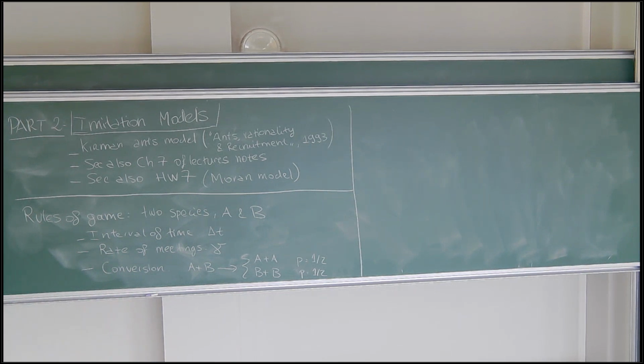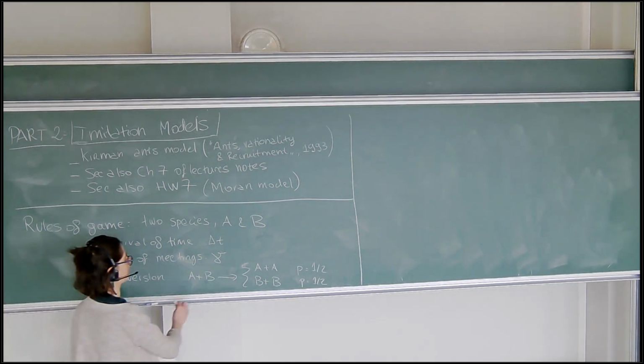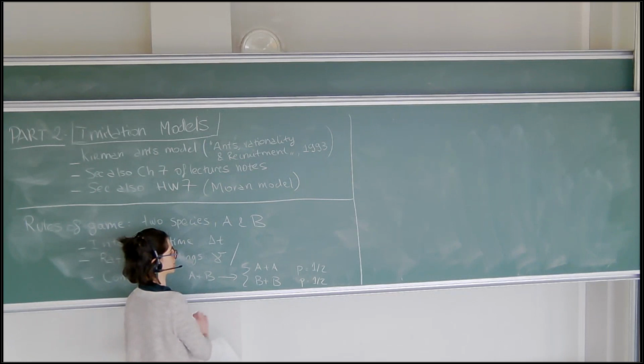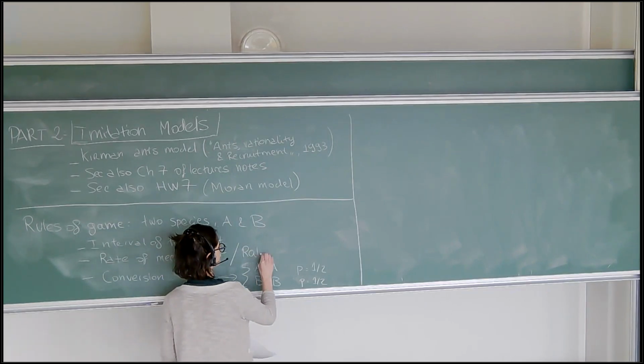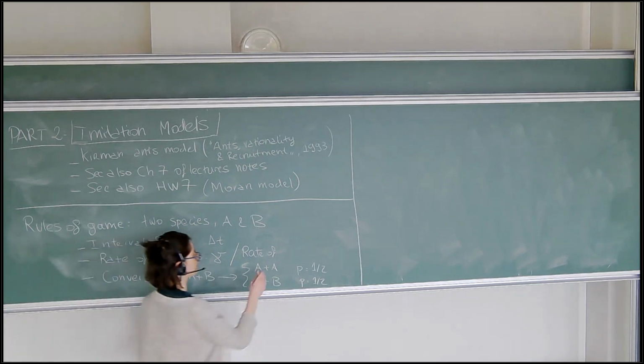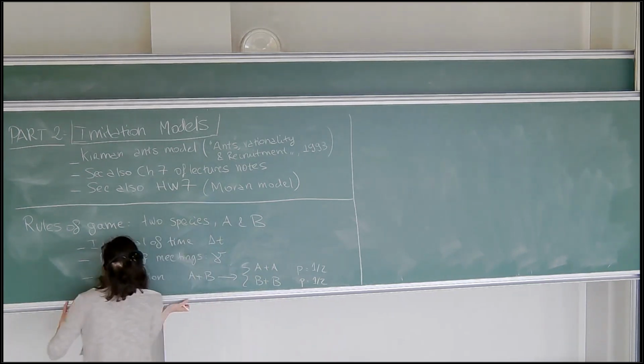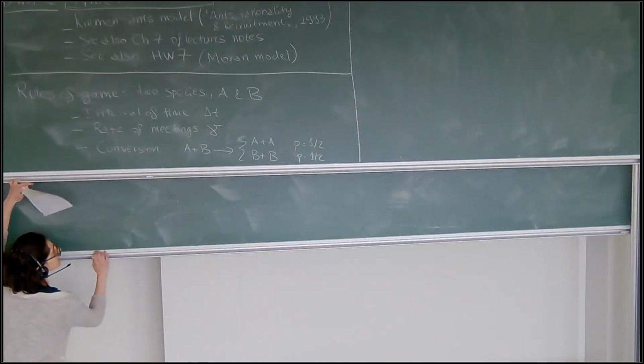This also happens with a fixed rate, which I call epsilon. So you have a rate of, let's say, self-conversion. Let me put a slash here. I'll write it properly.